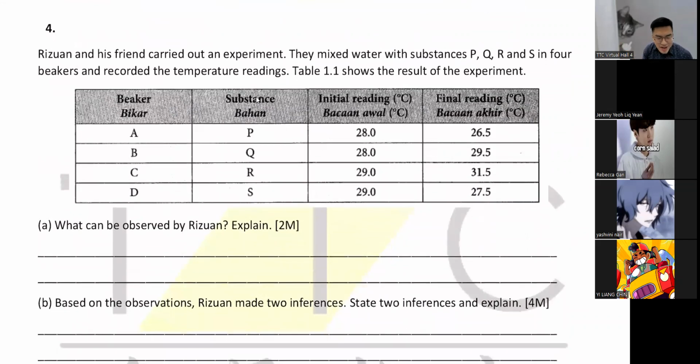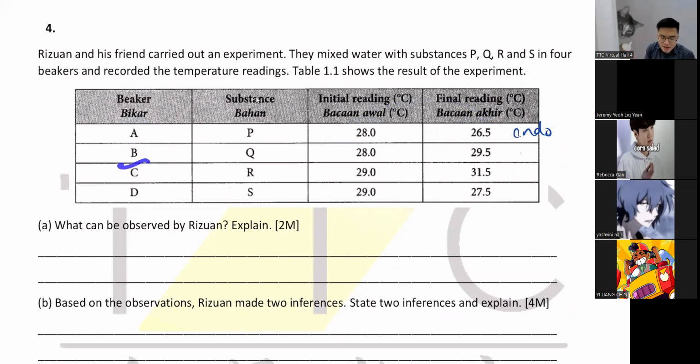Come on. Anyway, so number 4. Rizwan and his friend carry out an experiment. They mix water with P, Q, R, S in 4 beakers and record the temperature reading. So this is the result. Beaker A, the temperature goes from 28 to 26.5. It decreases, so it absorbs heat and the surroundings become cold.